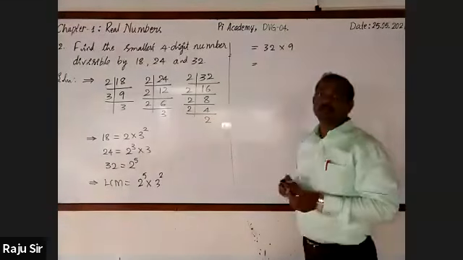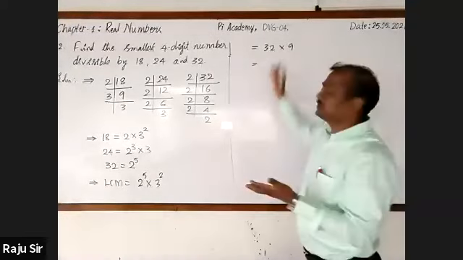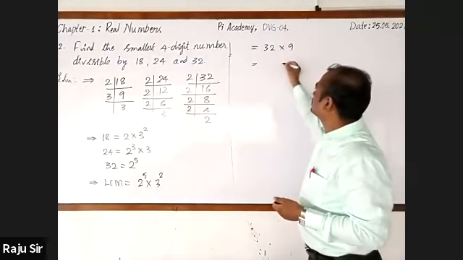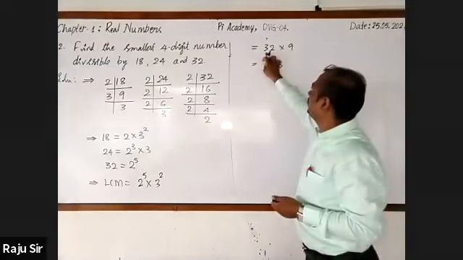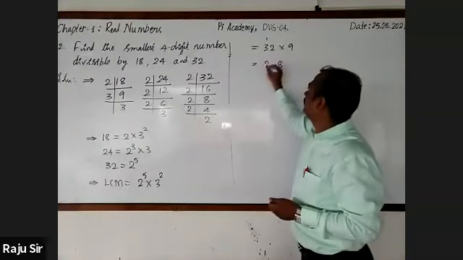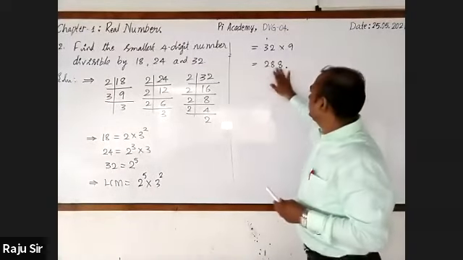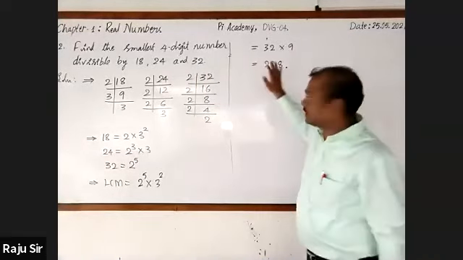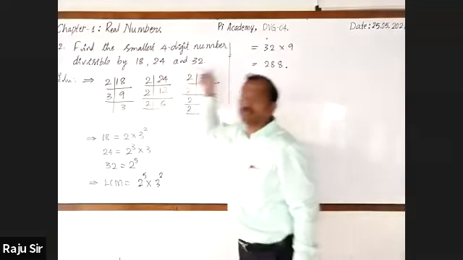Now 32 9s are, 32 10s are 320 minus 32, it is 288. 288 is the LCM of the given numbers and is also a number divisible by these three numbers.